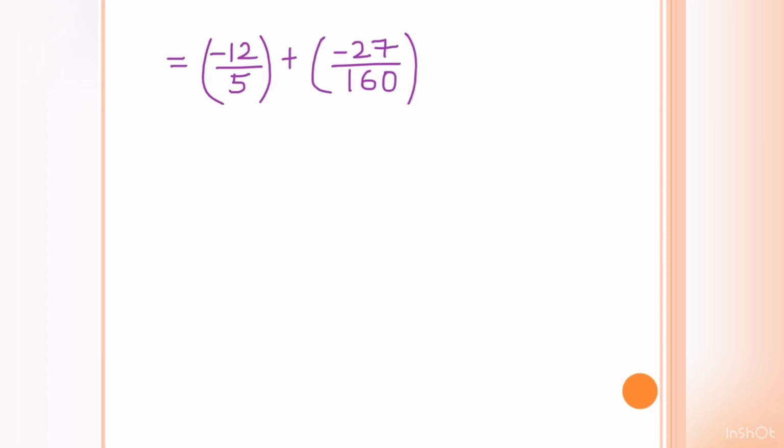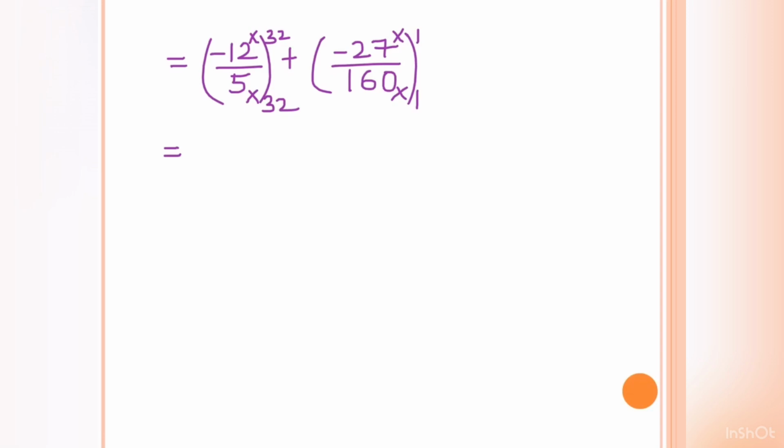Now that we have got the LCM as 160, we will multiply the denominator 5 with 32 to get 160 in the denominator, and the same 32 we will multiply even with the numerator. And in the second rational number we already have 160, so we will multiply with 1 and even the numerator with 1. So this expression is equal to, we have minus 12 times 32 in the numerator.